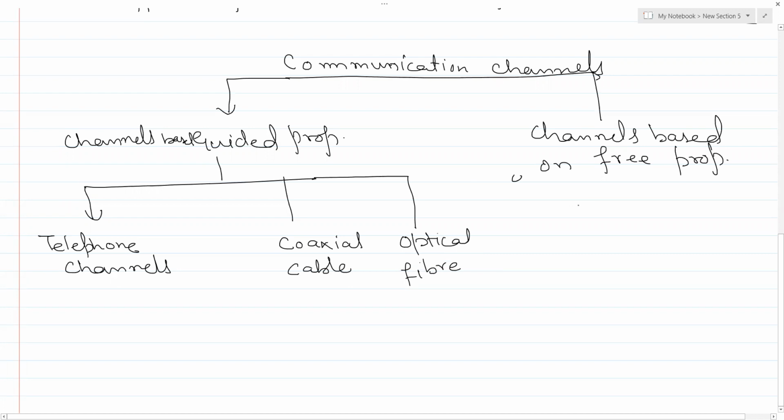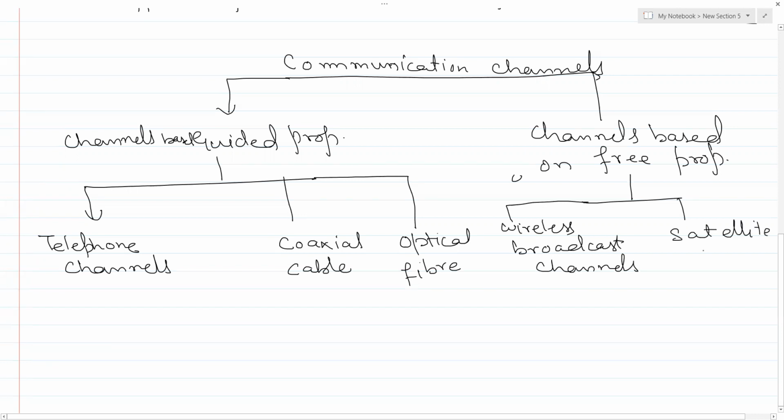Similarly, in case of channels based on free propagation, you have wireless broadcast channels, then satellite channels, and the third one is mobile radio channels.